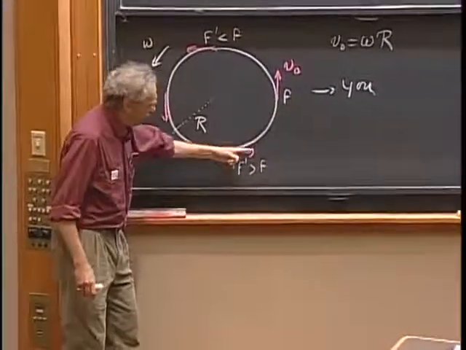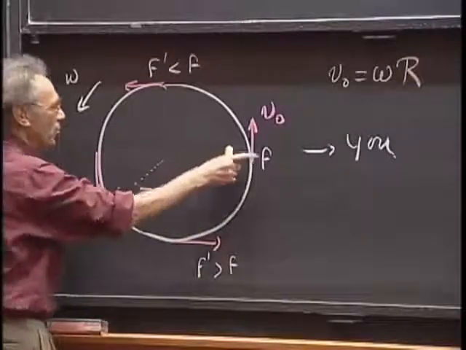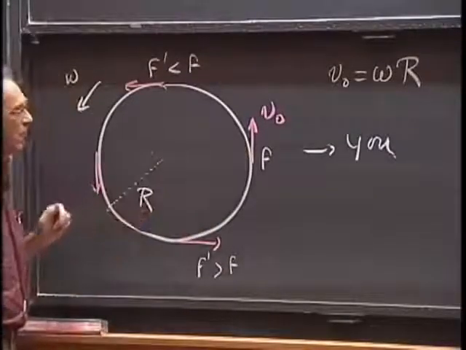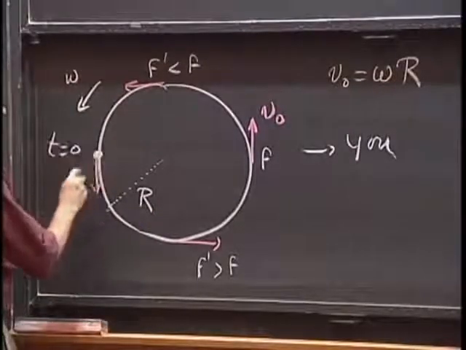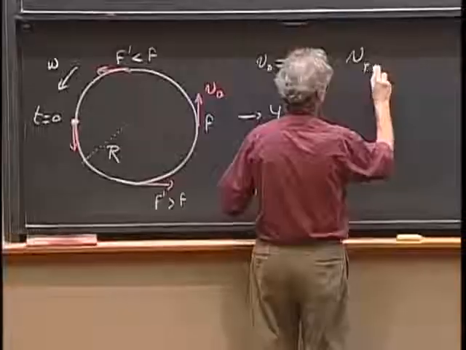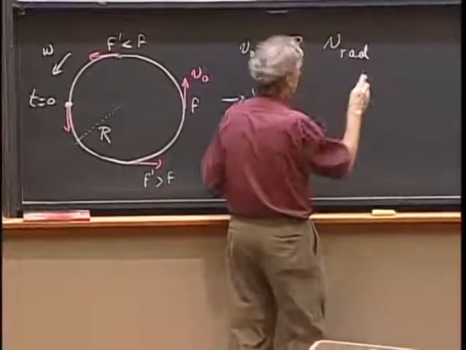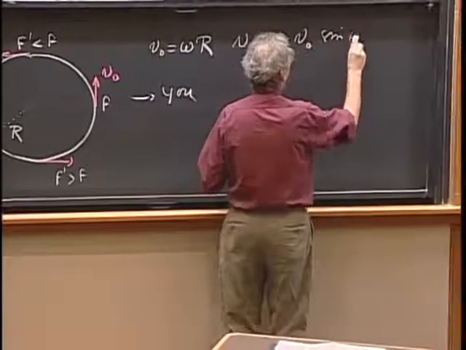And the radial component here is the full v0 towards you, here away from you, but the radial component here is 0. So if you arbitrarily call this time equals 0 here, then the radial velocity, the component in your direction, is v0 times the sine of omega t.